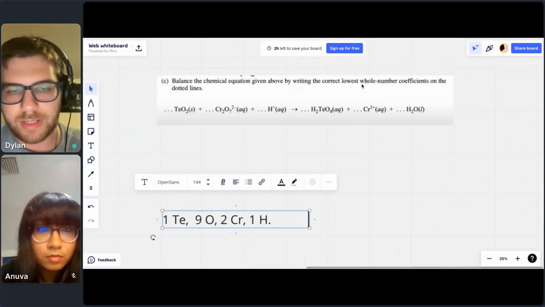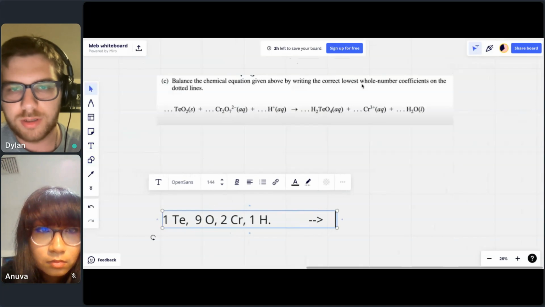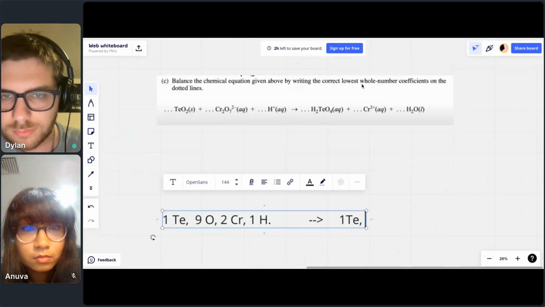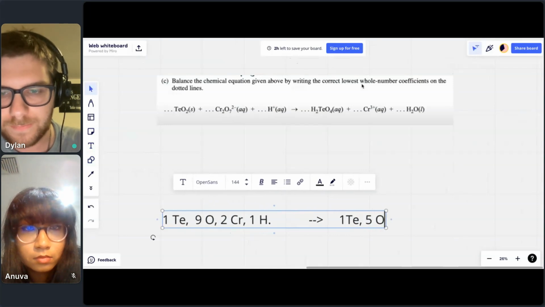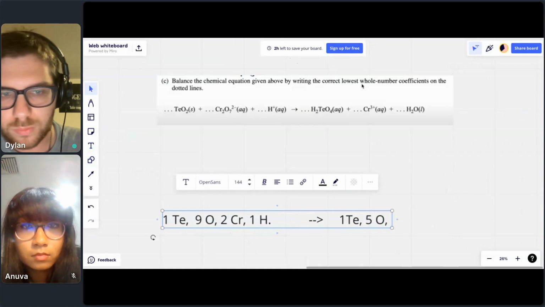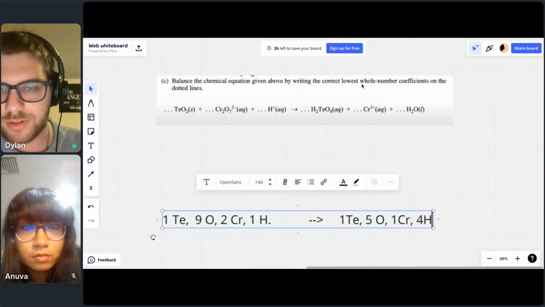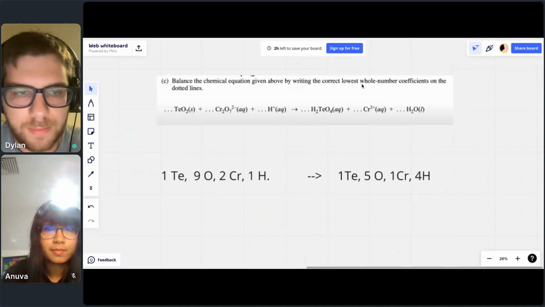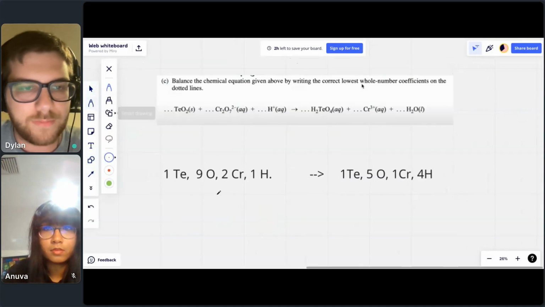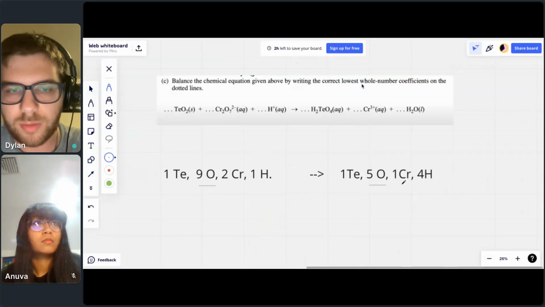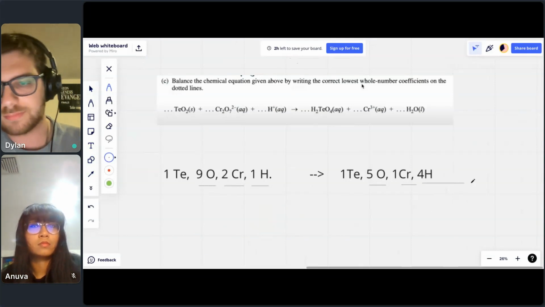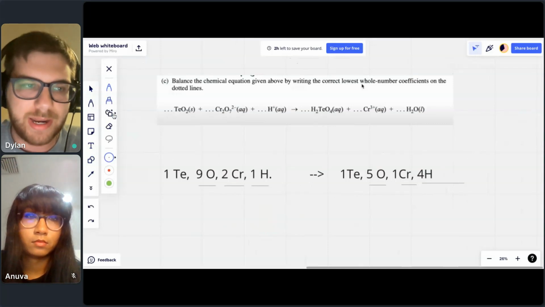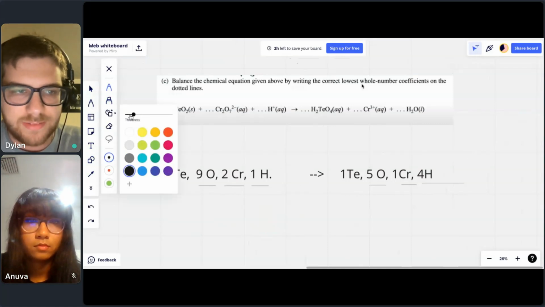Then at the end, we react to form 1 tellurium, 5 oxygen, 1 chromium, and 4 hydrogen. Let me double check that I wrote that out properly, but that's just the start. We can see our oxygens, chromiums, and hydrogens are unbalanced. And odds are our telluriums are going to have to be rebalanced as well, because when we modify one thing, it tends to fall apart.